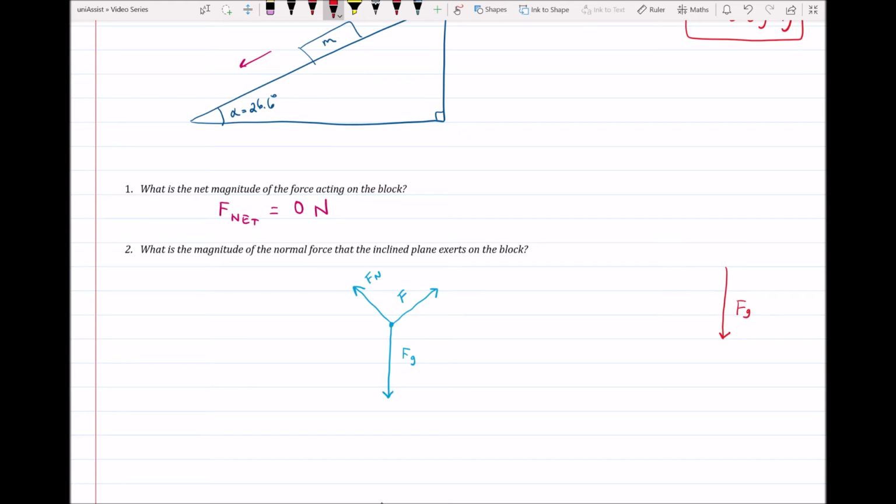Now, if you remember your vector addition, it will have an x component and a y component here, which I will call my Fgx and my Fgy.